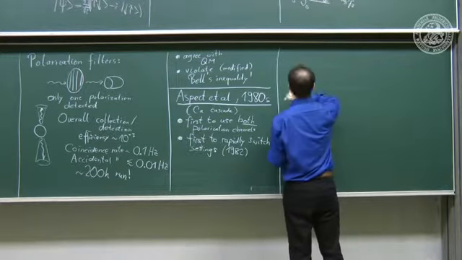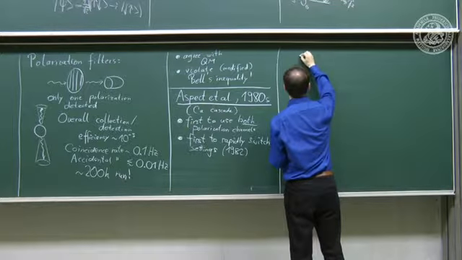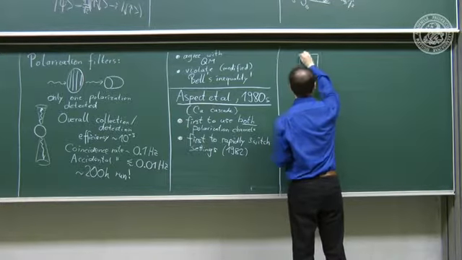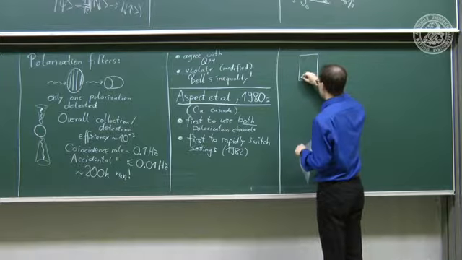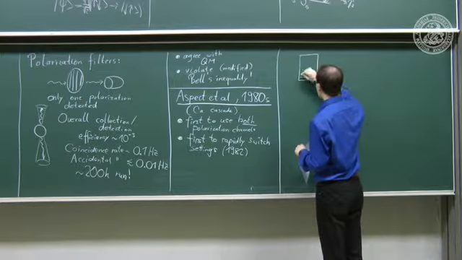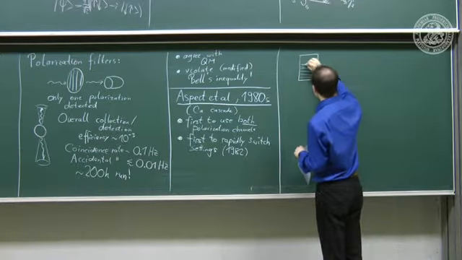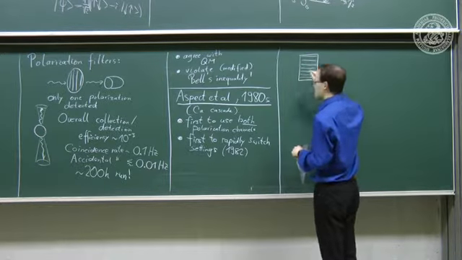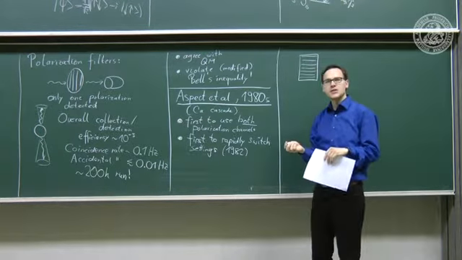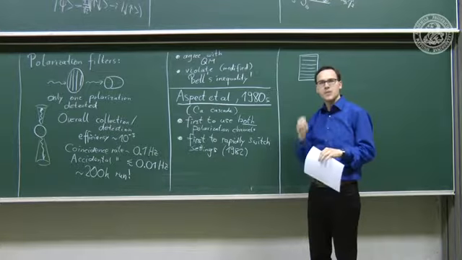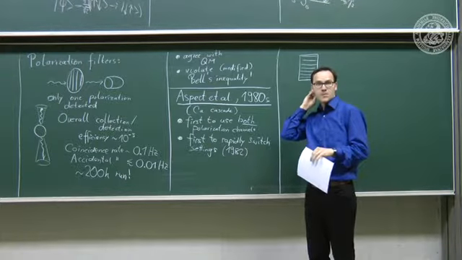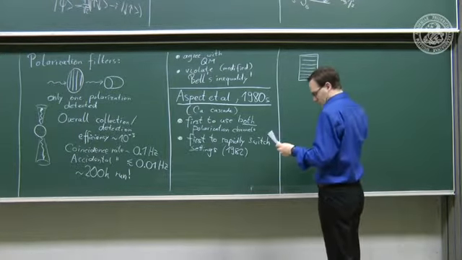So let me draw this. Here you have a tank of water, and then you have a standing ultrasound wave, such that the wavelength matches, is commensurate with the wavelength of light.